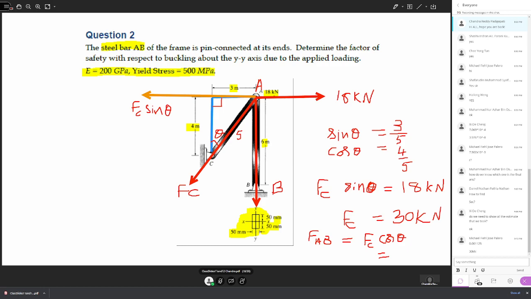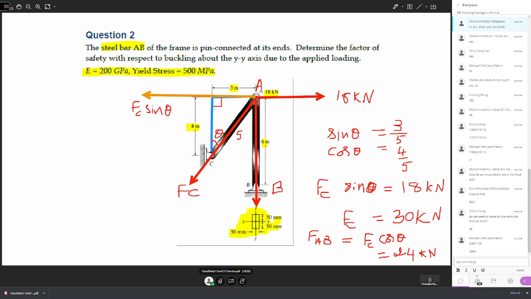So FC is 30, cos theta is 4 by 5. So 30 into 4, 120, 120 over 5. So that will give you 24 kilonewtons. So this is the force acting vertically on the steel bar AB.